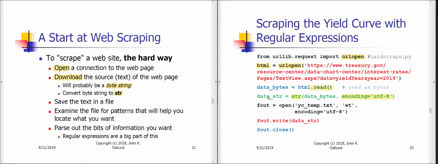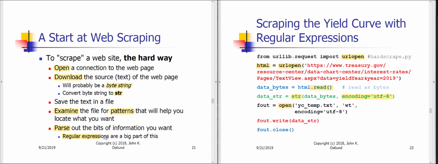The data string is something that we can directly edit. What we're going to do here is open an output file, yctemp, which stands for yield curve temp.txt. We're going to write the data string into the file and then close the file. Once we have that string stored in a file, we can edit the file and look for patterns that we're interested in, and then we can write code that will parse out the pieces of information that we want.